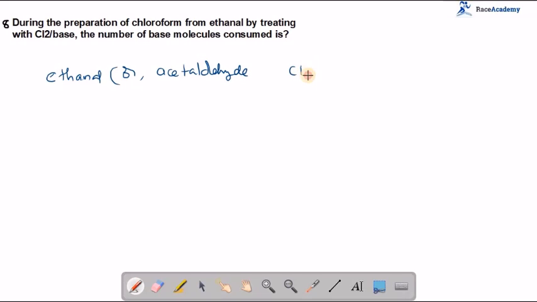We can write this one as CH3CHO like this. If this acetaldehyde is taken for the preparation of chloroform, then we will consider sodium hydroxide.